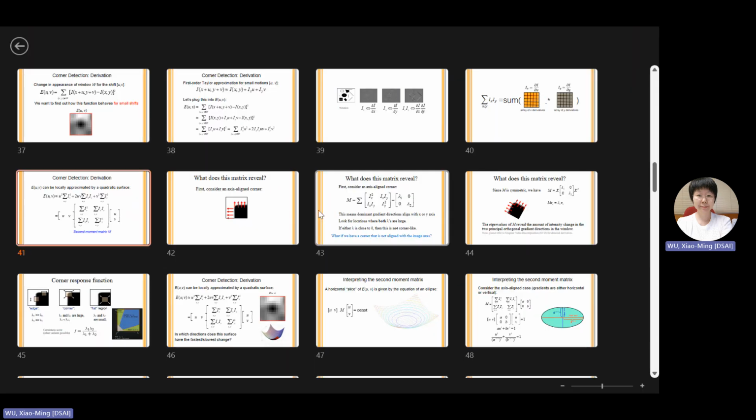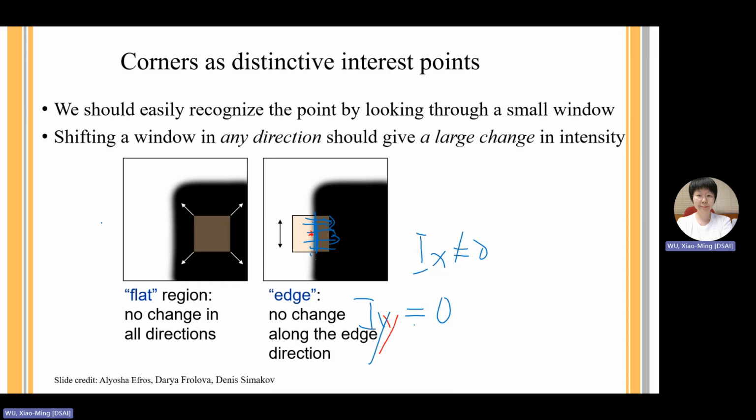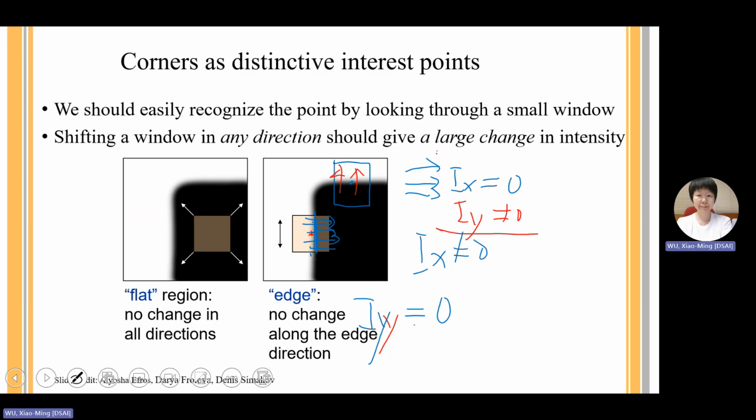And if we place our window here, you can observe all the x derivative ix are 0, but some iy are non-zero. Okay, so what would be the second moment matrix? What will the second moment matrix M be like in this case?